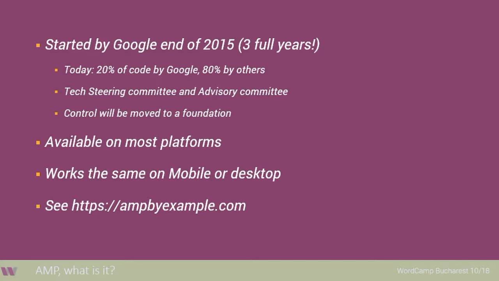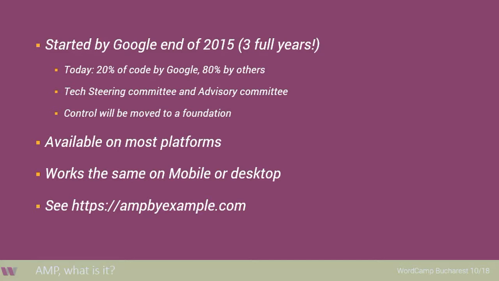It's driven by a tech steering committee, and there's an advisory committee. And soon the control will be moved to a foundation. Today it's still owned by Google. There's one single guy, basically the lead, who is making all the decisions in the end. But all the control is being moved to a foundation.